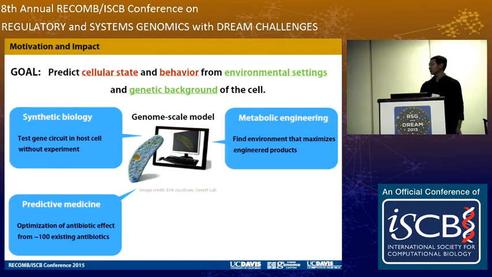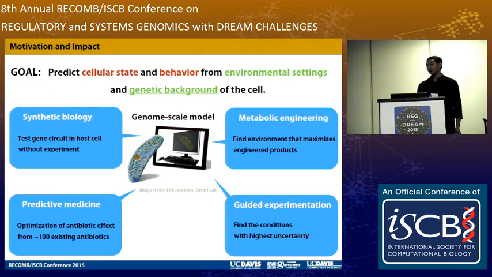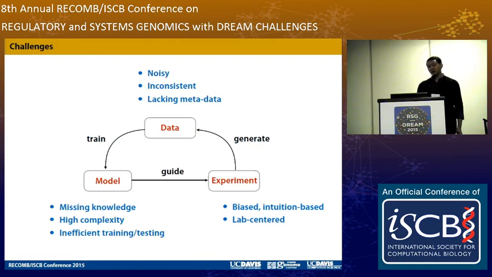All these questions can be answered by computational simulation of genome scale models. Genome scale models can even guide us to what experiments we need to do by finding the conditions with the most uncertainty. But there are many challenges to achieve this goal, which we can categorize into three groups.